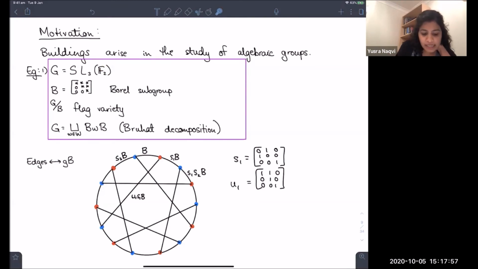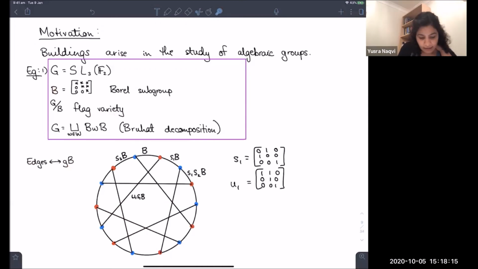G mod B is what I would call my flag variety, which I'm not going to explain further if you're not familiar with this, but I'm really looking at cosets of B. And so in my building, every edge is going to correspond to one of the cosets of B.